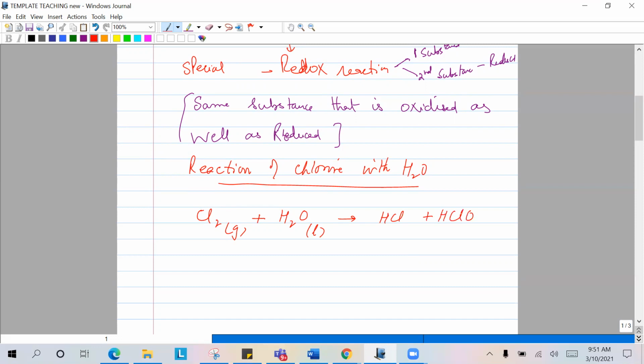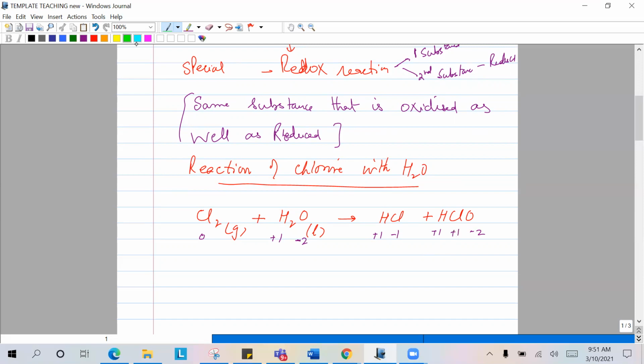To see why it is a redox and a disproportionation reaction, you need to write down the oxidation numbers. Chlorine is 0, hydrogen in all its compounds is +1, oxygen is -2. In HCl, H is +1 and Cl is -1. In HClO, H is +1, oxygen is -2, so Cl will be +1.